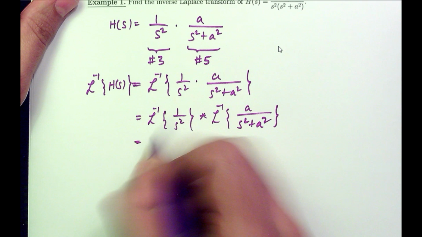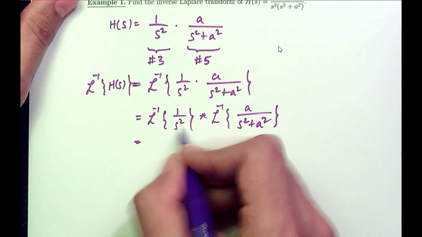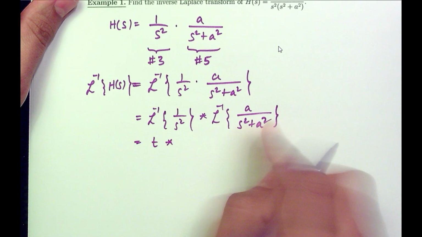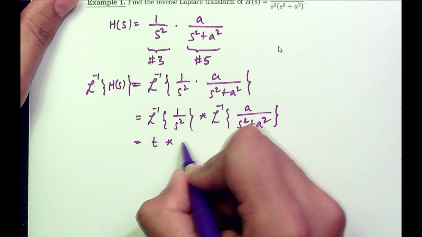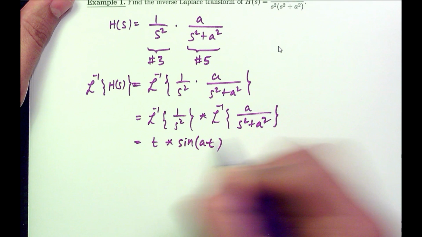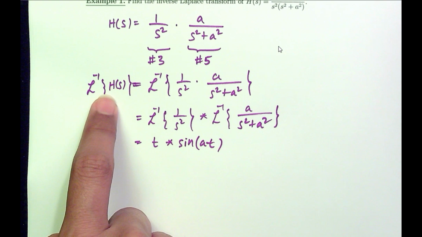Okay, looking this up again, that's number 3, that's number 5. The Laplace inverse of 1 over s squared is t. The Laplace inverse of a over s squared plus a squared is sine of a t. So now we found the Laplace inverse of H.